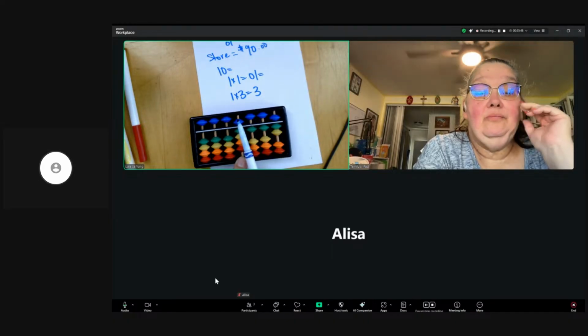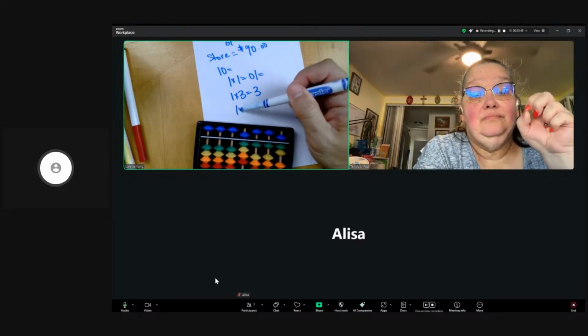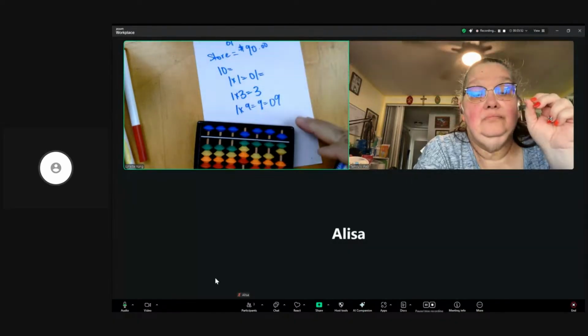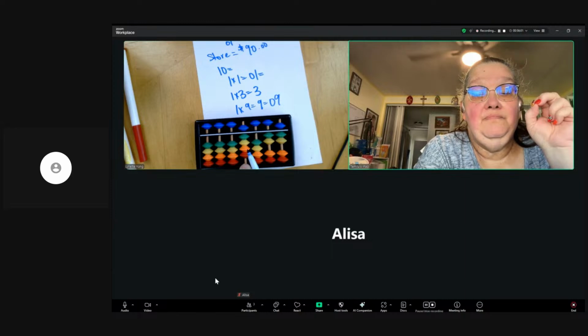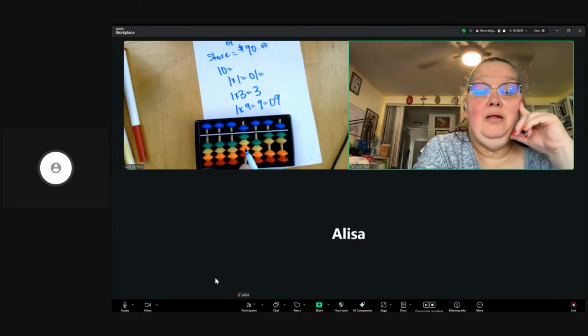So what happens? 1 times 9 is equal to 9. 9's a single digit, so you go back 1 column. So not here, here. Take away 9 is minus the 10 plus the 1. I almost have it.